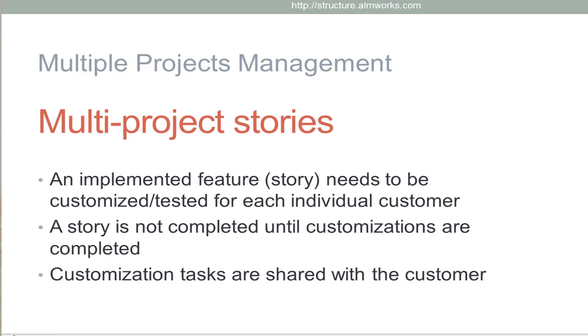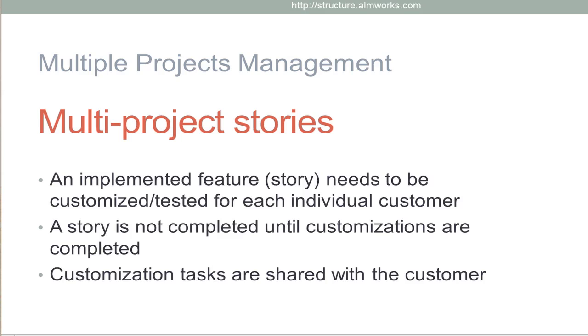Another example is more interesting because here we have a hierarchy. Now imagine that this company creates a new feature that it adds to its product. But before this feature can be considered complete, they need to customize it for every individual customer.